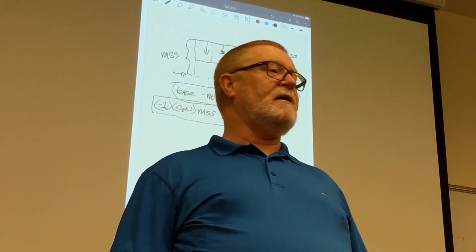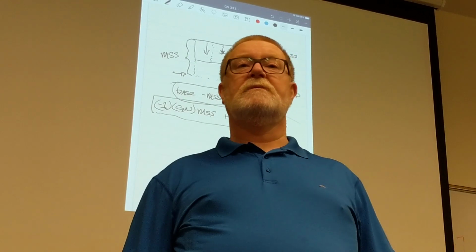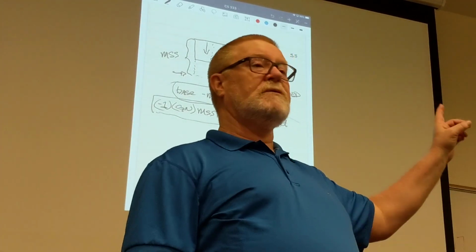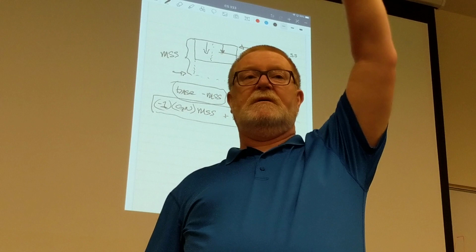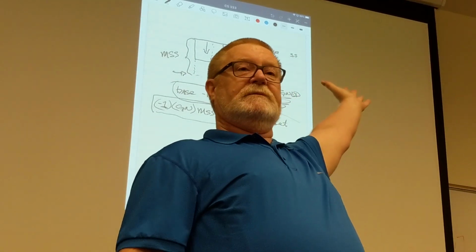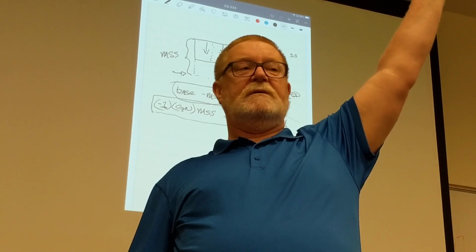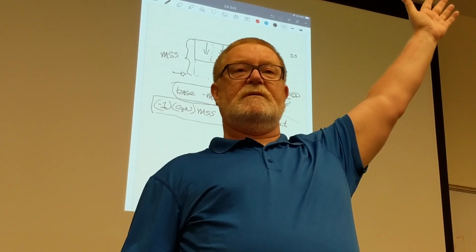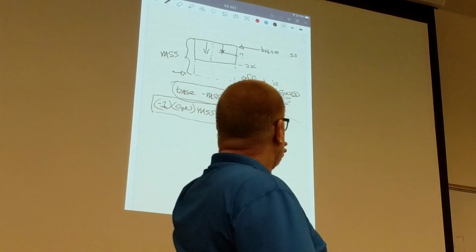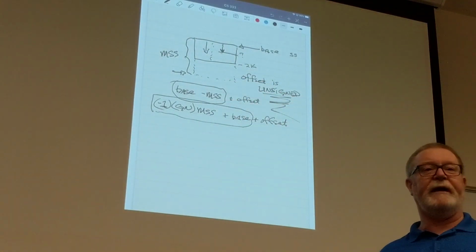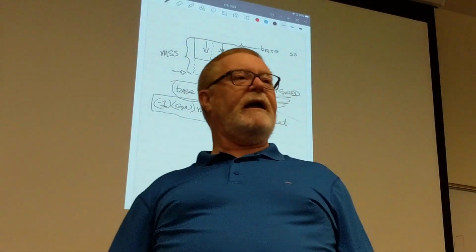How far is it into the stack? Who's got an answer? How many people say 3K? 1K? Some other number? Okay, it turns out that if the stack is 2K and we want to get halfway into it, we want to go 1K into the stack, right?